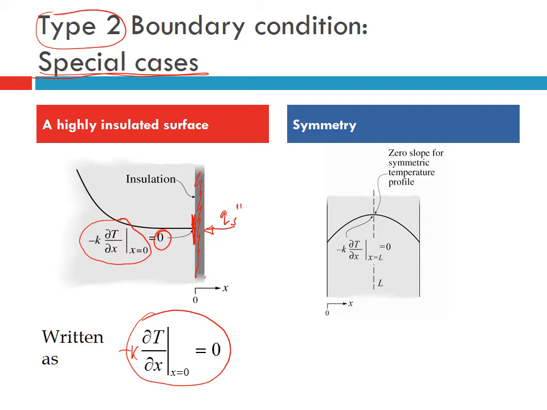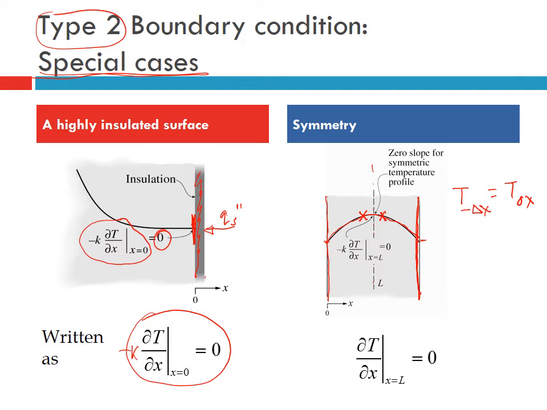The other condition that you will get quite often is suppose the whole process of heating is symmetric. So we have a nice symmetric slab that's being cooled, let's say, from the surface. Then at the symmetry line, the temperature profile is going to be symmetric. So if you take a point on this side and a point on the other side, T at minus delta x is equal to T at plus delta x.